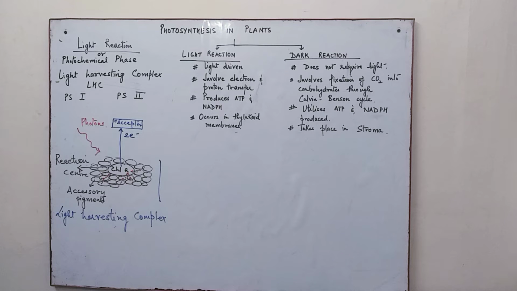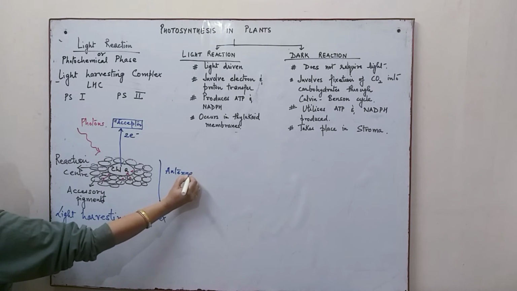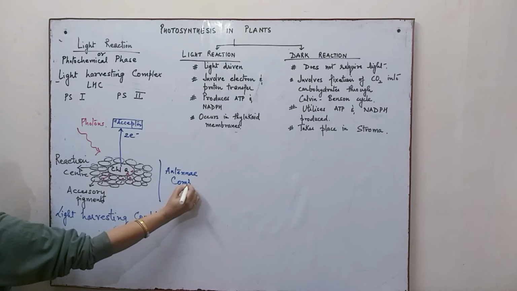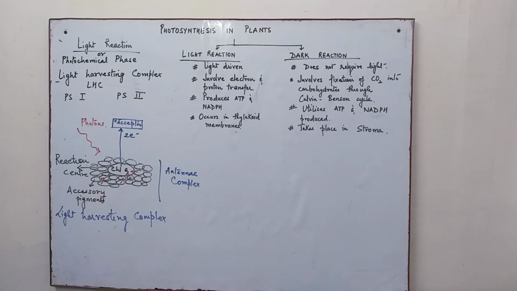Now the LHC, that is the light harvesting complex, is made up of hundreds of pigment molecules, out of which chlorophyll A is the reaction center. This entire light harvesting system is also known as the antenna complex because it is trapping, or harnessing, the energy from the photons, and these are accessory pigments.